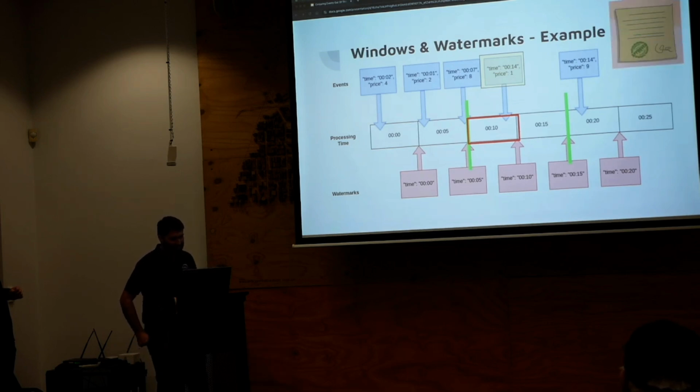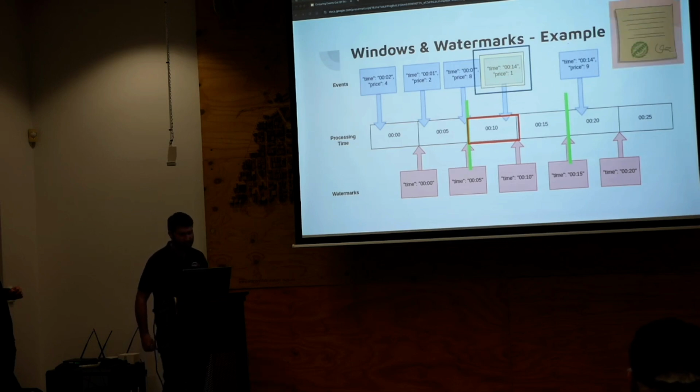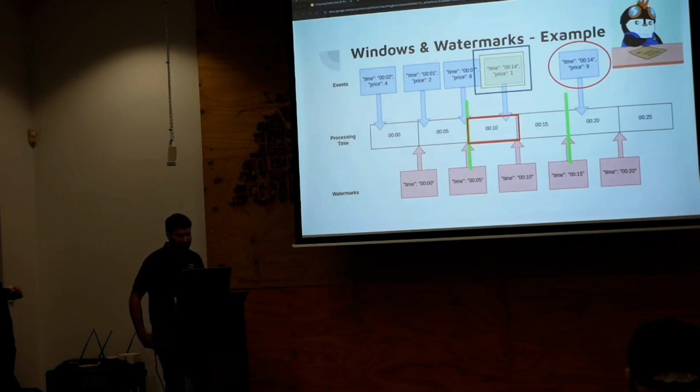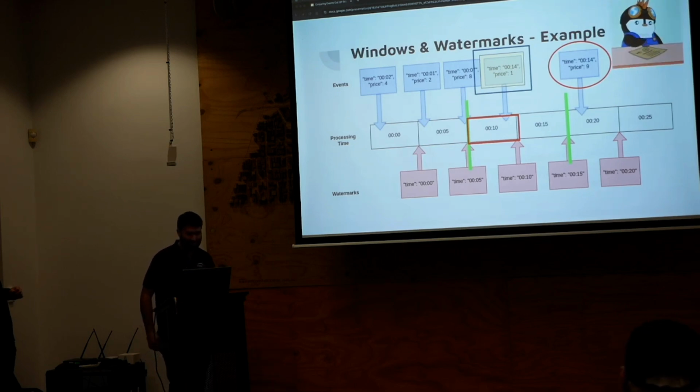So here we're interested in events that occurred between 10 past and 15 past, which includes this event, but leaves out its very late arrival, typically leading to either a manual process or a complex automated task. You have to deal with that. So do really think about your watermarking strategy, because you don't want that.